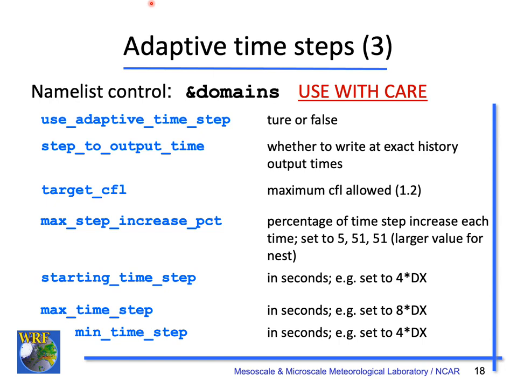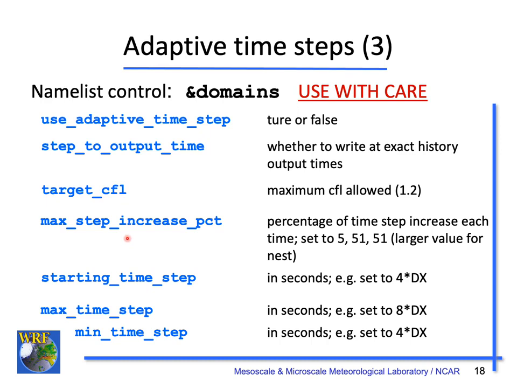To help us have some control over the variable time steps, we have these options. Use adaptive time step turns this option on. Set to output time allows the model to write output at the interval set by the user, even with variable time steps. Target CFL sets the model stability criteria against which the time steps are evaluated.